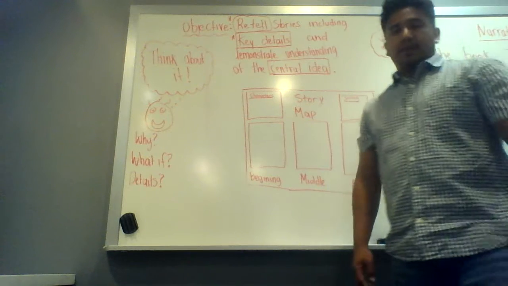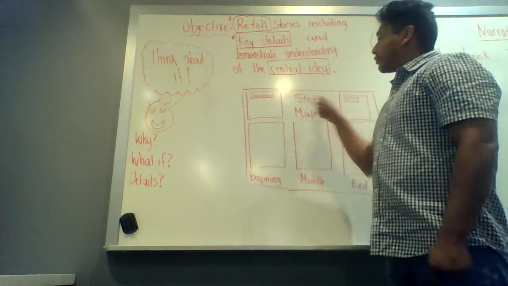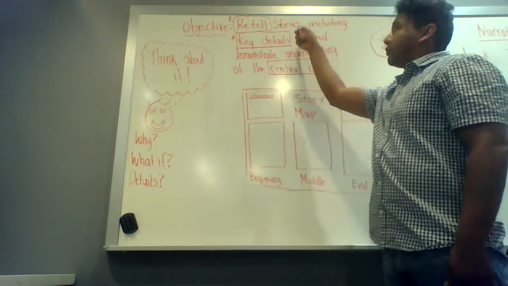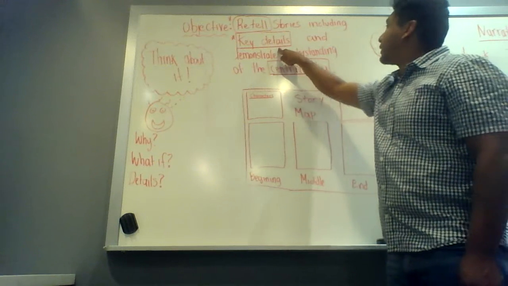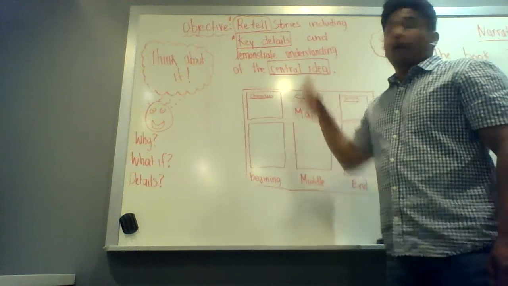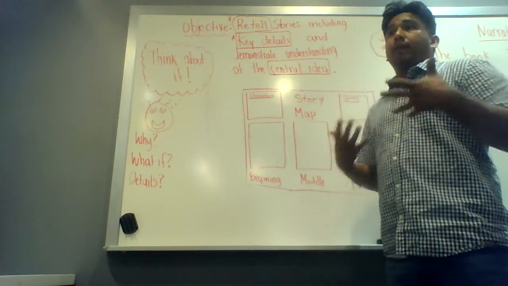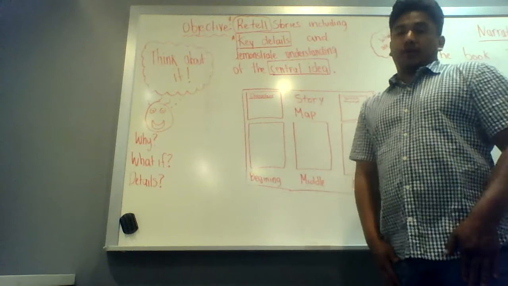Alrighty, ladies and gentlemen, we're going to take a look at how to fill out our story map. Okay, remember our objective here is to retell the stories, including key details, important facts from the story, and demonstrate understanding of the central idea. What that part means is after you read a story, you want to make an inference about what you think the story means.